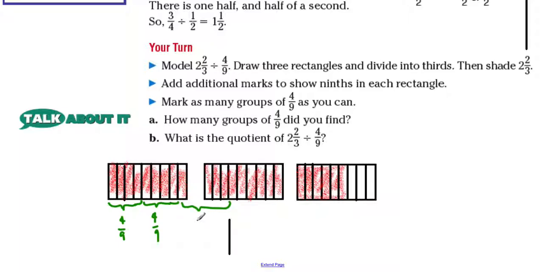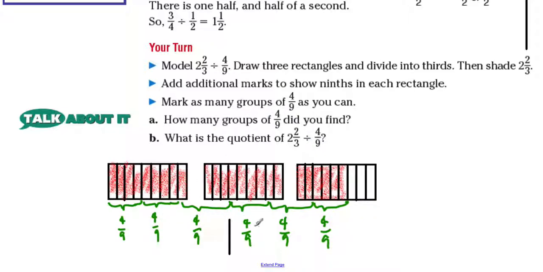There's another 4 ninths, and another, and another right there. Another 4 ninths. So if you notice, how many groups of 4 ninths did you find?